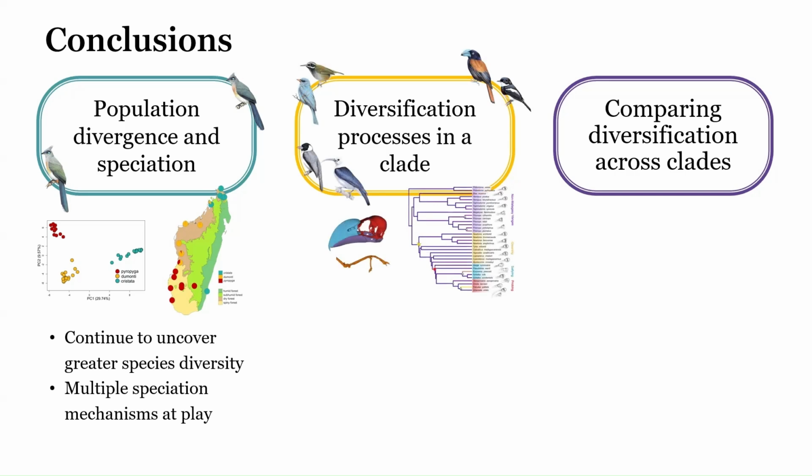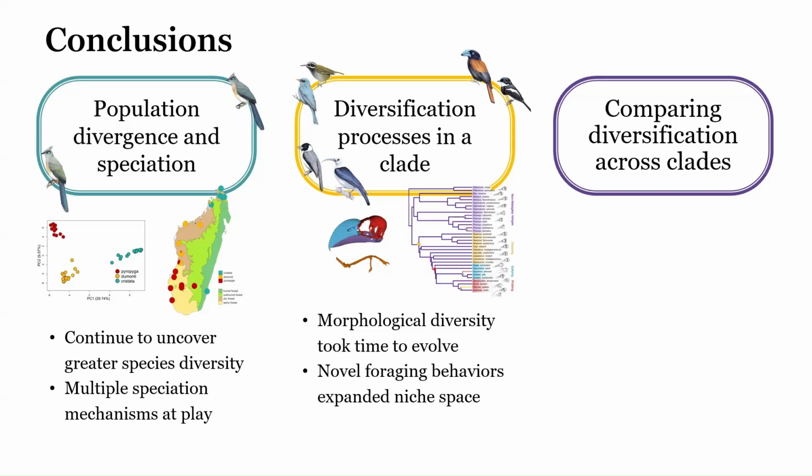I then looked at morphological diversification in Vangidae to study diversification processes at the level of a clade. We found that morphological diversity took time to evolve. It didn't happen right when they arrived in Madagascar. There was a big increase in certain clades when novel foraging behaviors first evolved, and I also explored the impact of extreme forms, because outliers are challenging, but also really important.